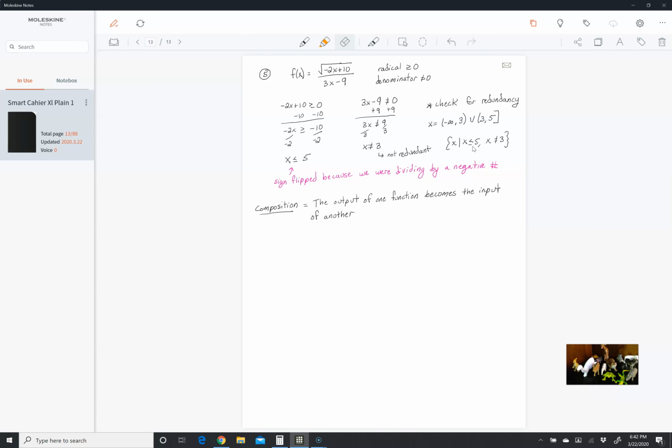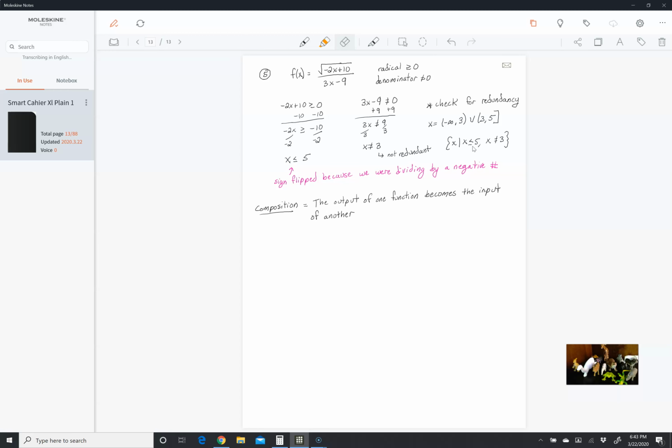Okay, this is where we talked about things like doing laundry. Okay, you put your dirty clothes into the washer. What comes out of the washer is wet, clean clothes, and those wet, clean clothes go into the dryer. So your washer and your dryer are your two functions.